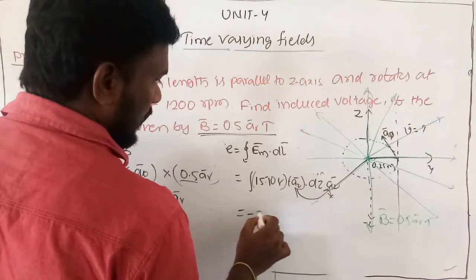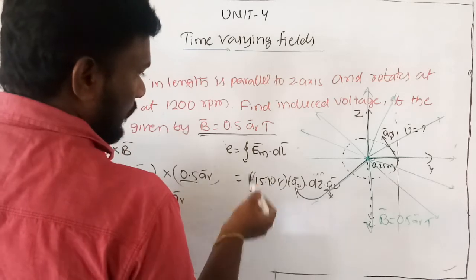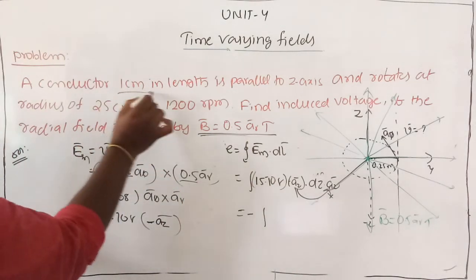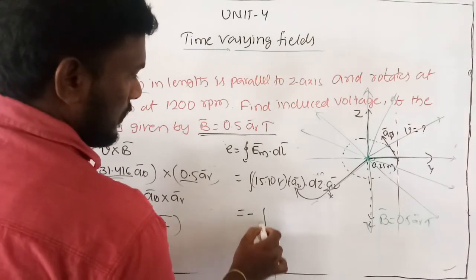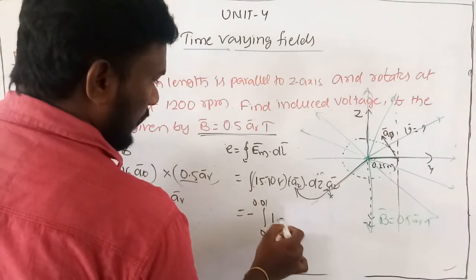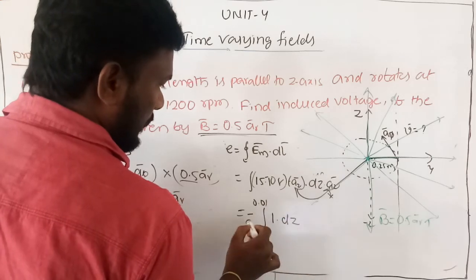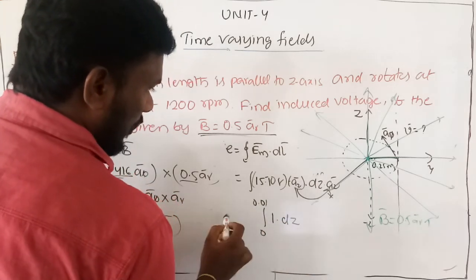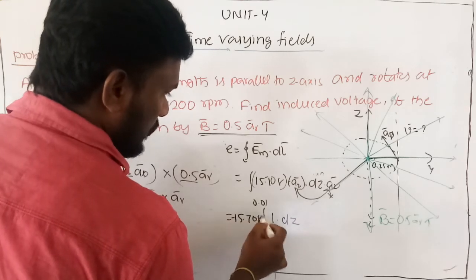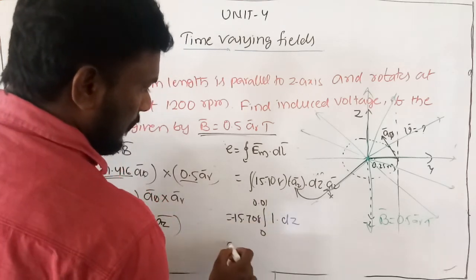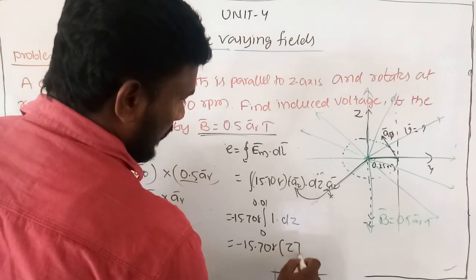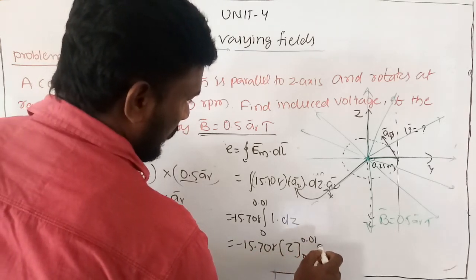So what are the limits of integration? As the conductor is 1 centimeter in length, z goes from 0 to 0.01. If you write the magnitude outside of the integration, it is minus 15.708 times the integral of dz, which becomes minus 15.708 z, with limits from 0 to 0.01.